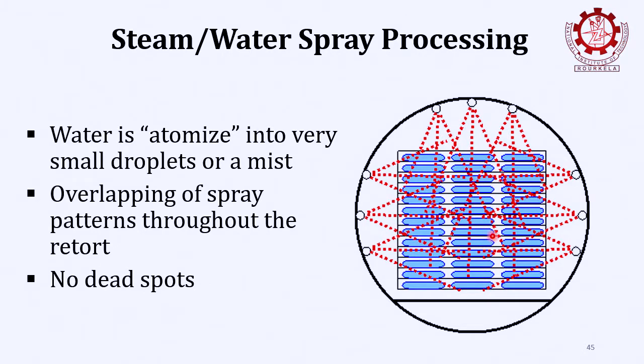Because it is extremely important that each and every container receives the minimum amount of heat for which we have designed the process. Some containers may get overheated a little bit, for example, around the edges, but then the cans inside should get the minimum lethality for which we have designed the process.